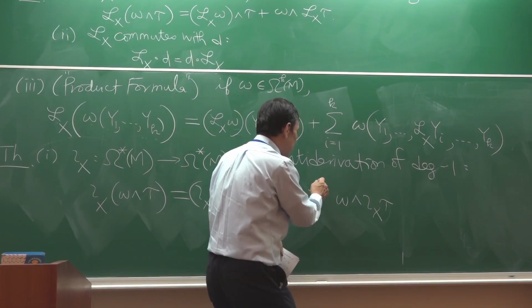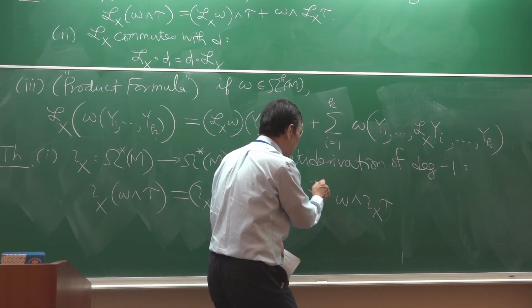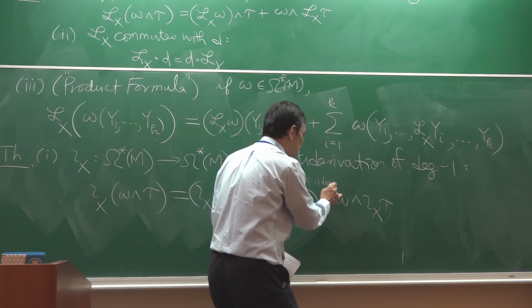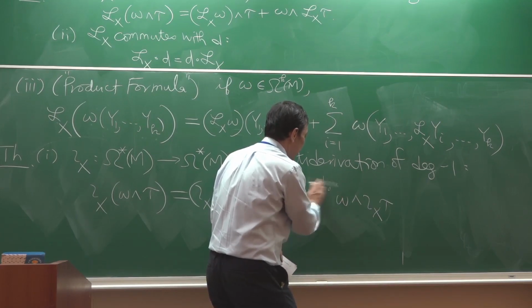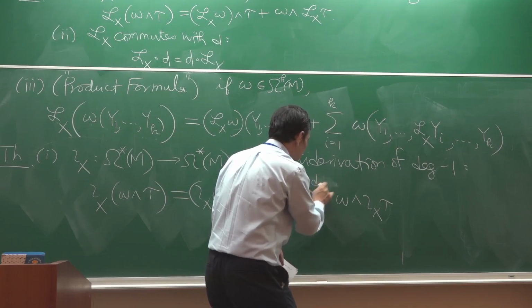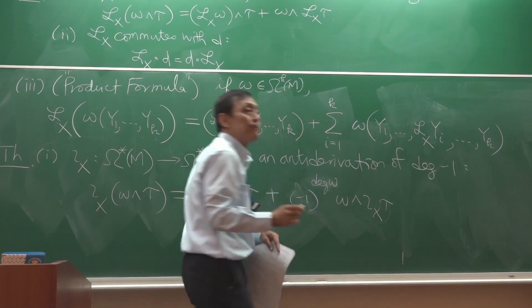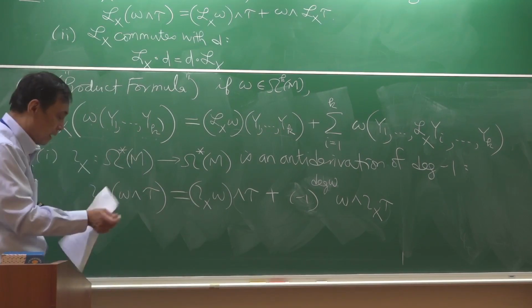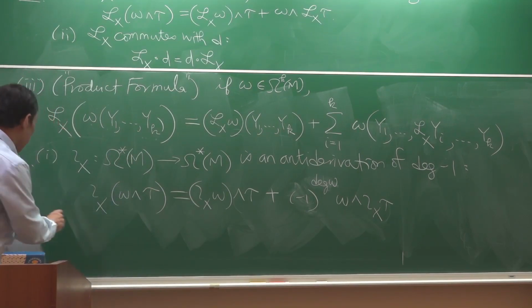So it really should be minus 1 times the degree of omega, but that's the same as just the degree of omega. Okay, so that's an anti-derivation.